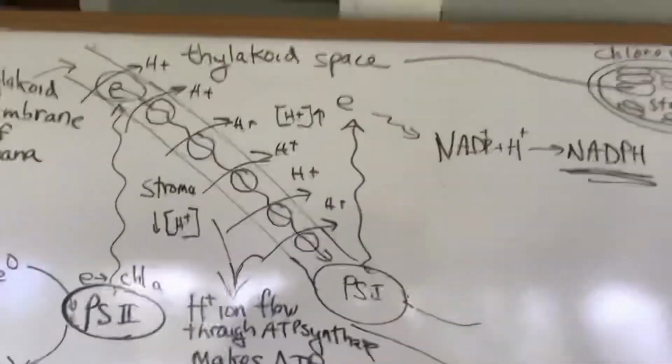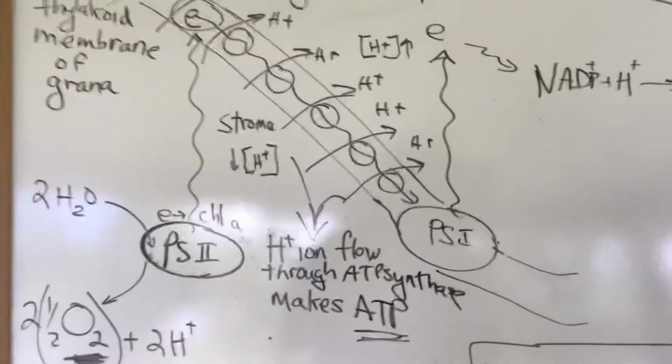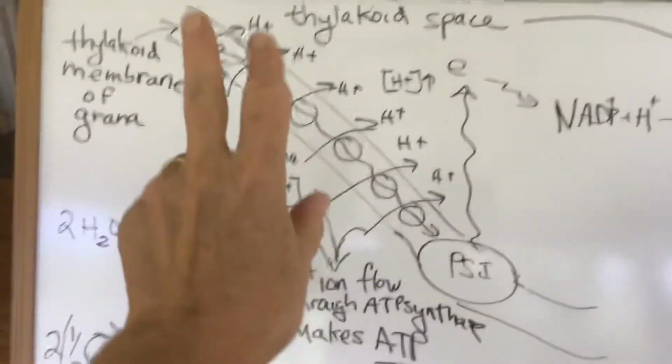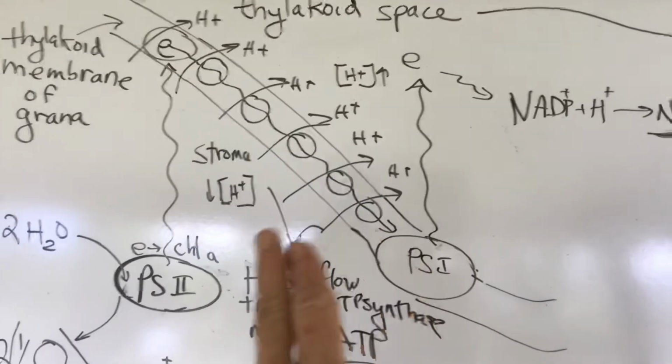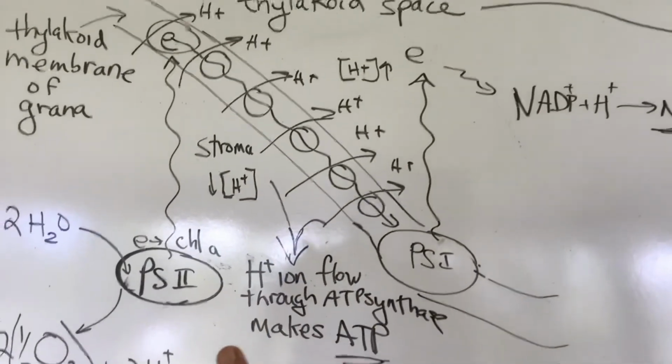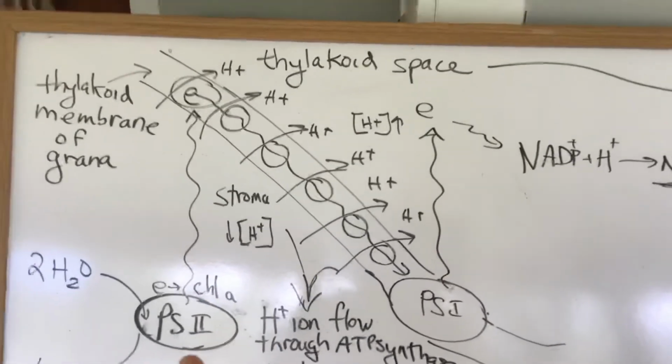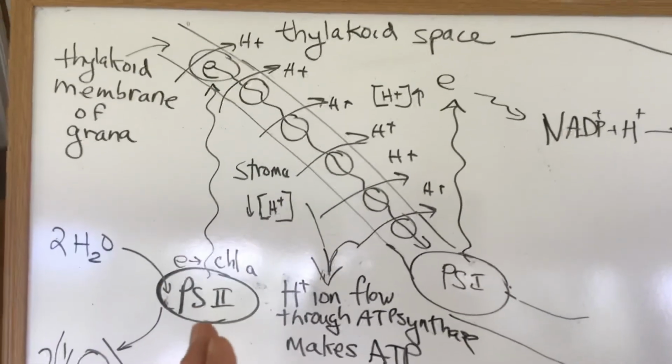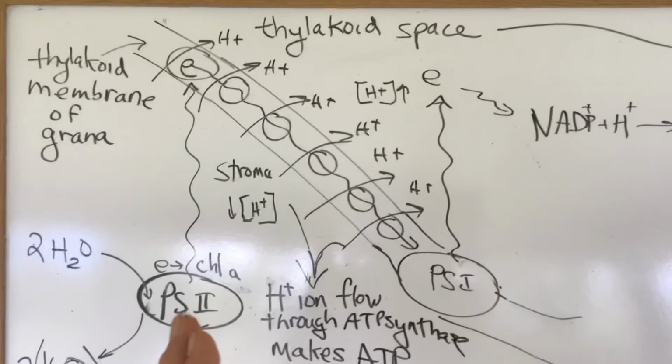The reason why I drew it this way, and why the other diagram drew it this way, was just to show you that this electron transport chain is the one that is pumping the hydrogens and making the ATP. That is the electron chain associated with photosystem 2.